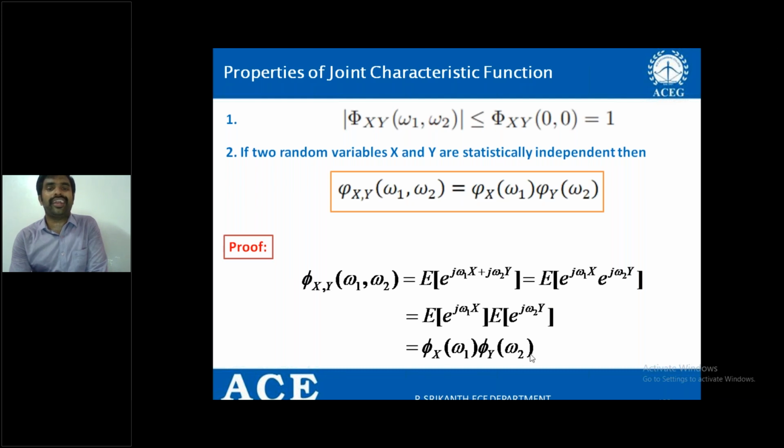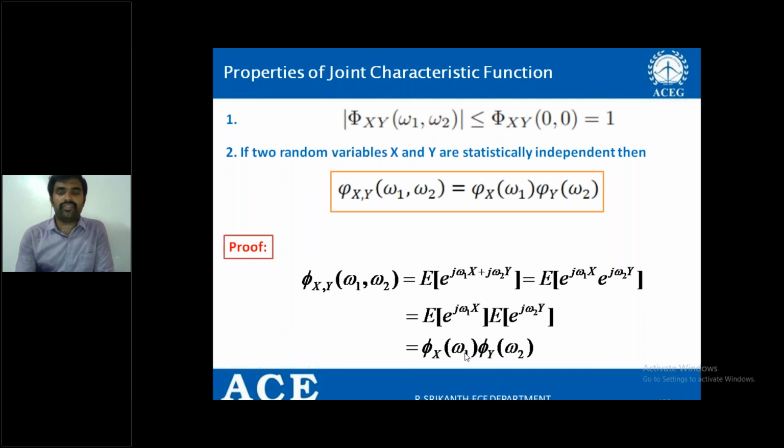The expectation of e power j omega 1 x is nothing but the characteristic function of x, and similarly the other is the characteristic function of y. Therefore, the joint characteristic function equals the product of the individual characteristic functions if the two random variables are statistically independent.